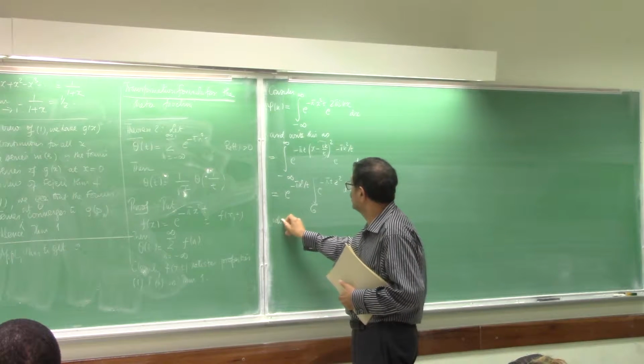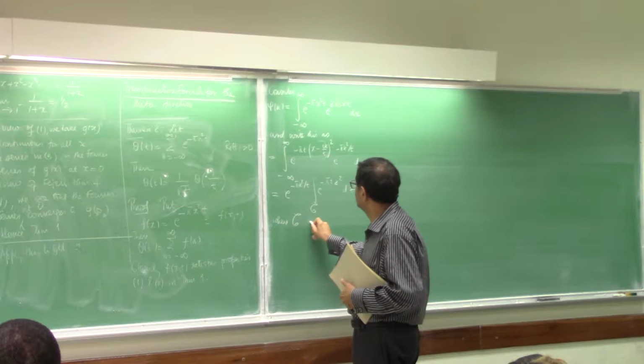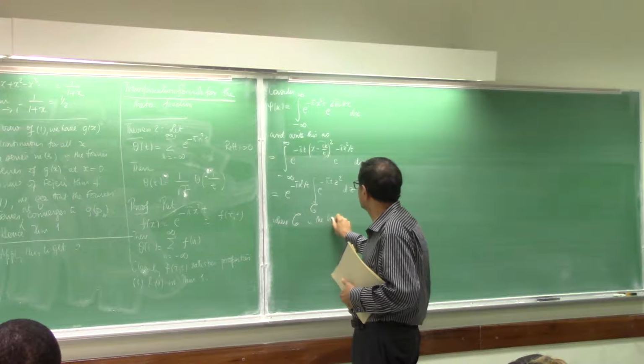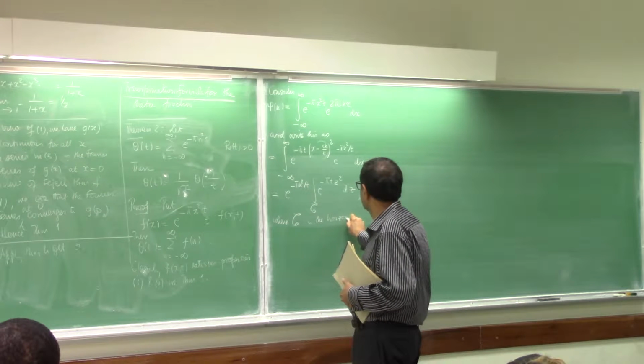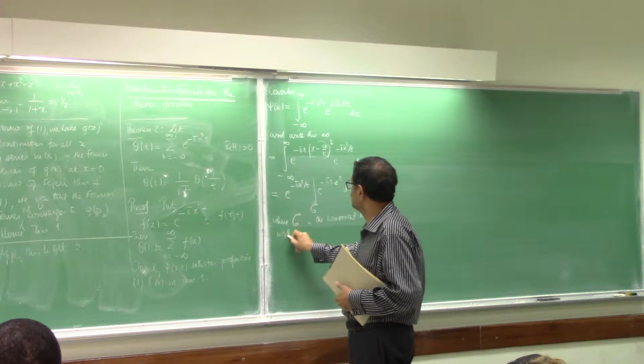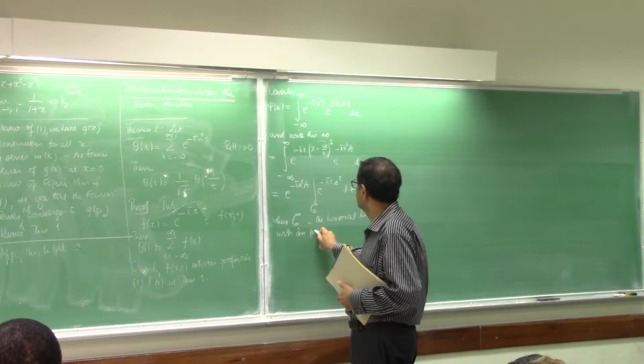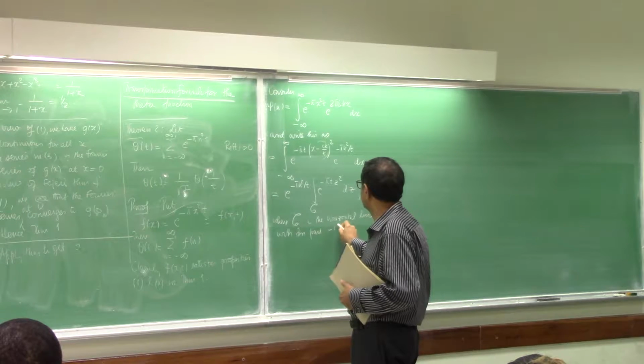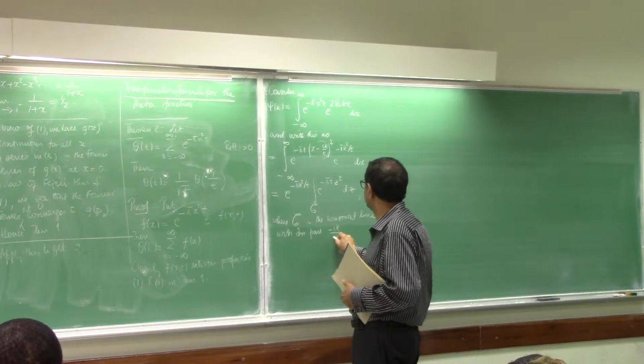Where c is the horizontal line with imaginary part minus ik over t.